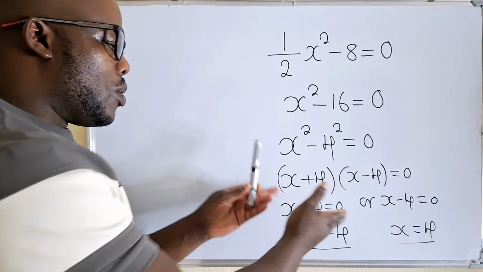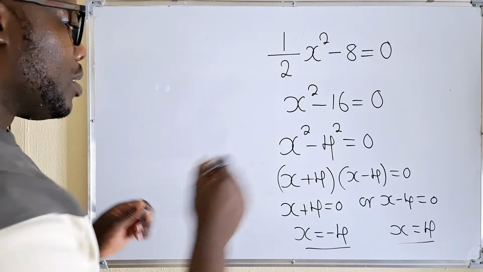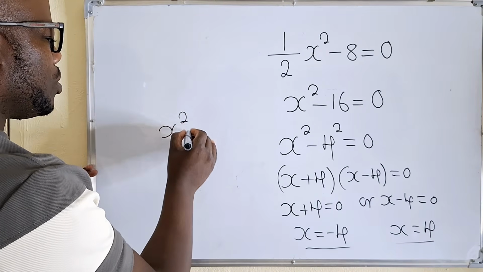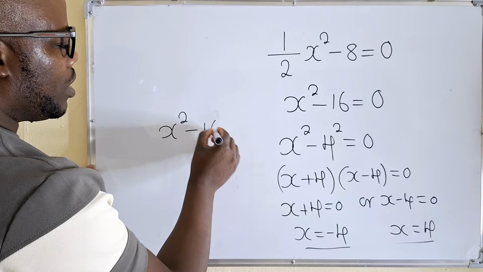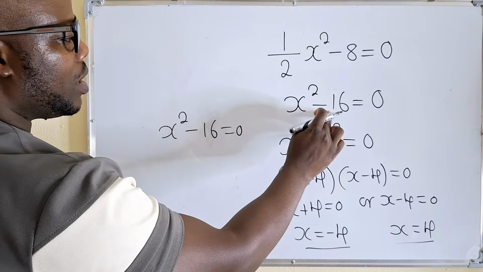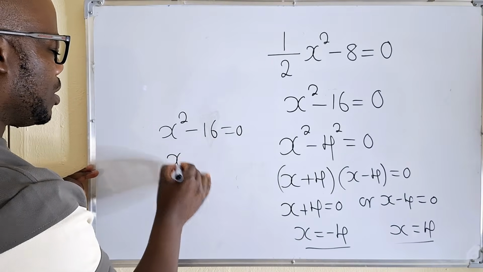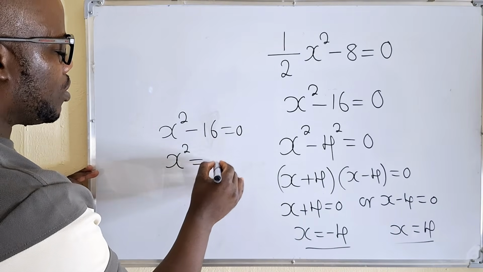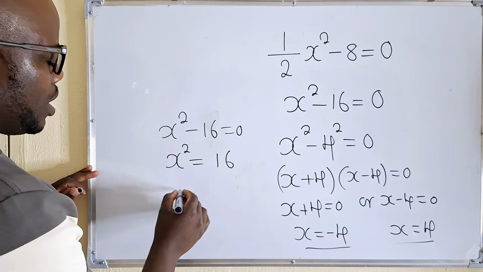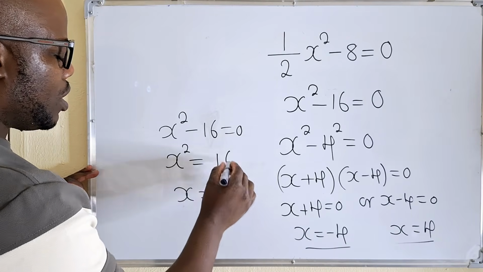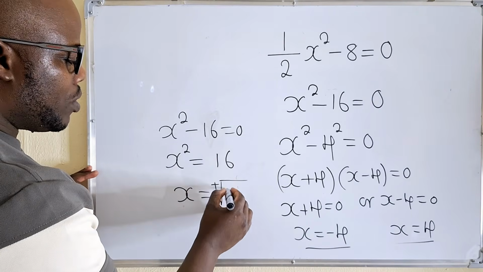If you don't want to go this long way, you can simply say x power 2 minus 16 is equal to 0 here. So from this stage, you can say x power 2 is equal to 16. You take square root of both sides, square root of 16.